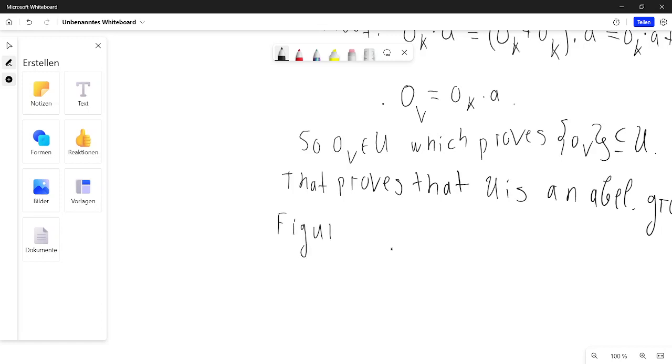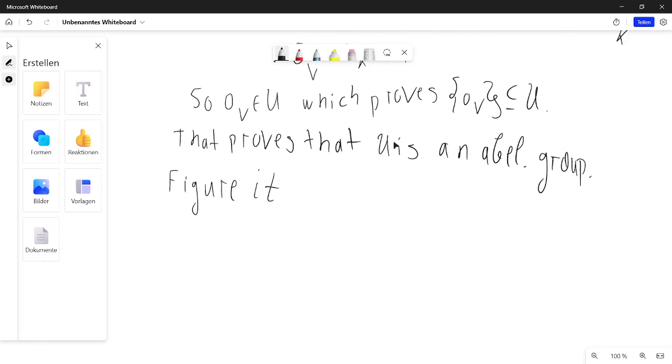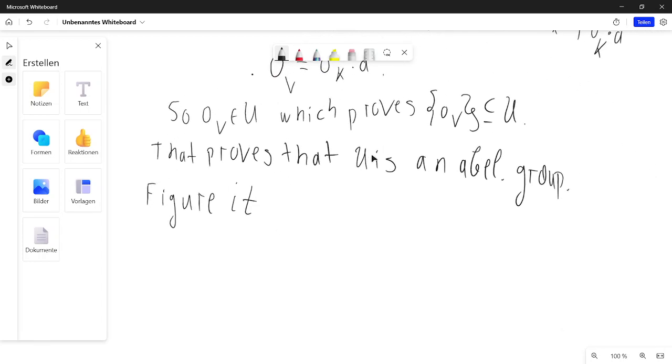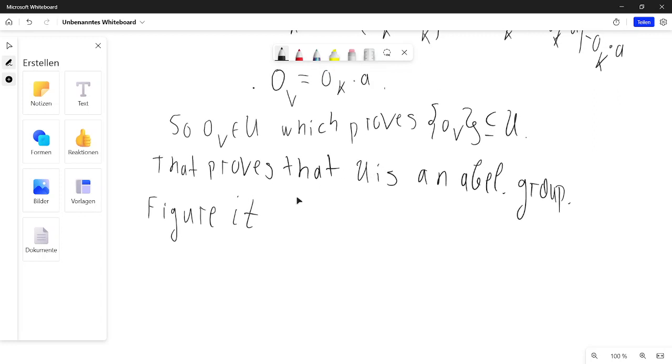It's really easy. You just have to recall something I said, and you have to think about how things are defined and what structure relates to what structure, how, and how operations are defined, right? Figure it out yourself.